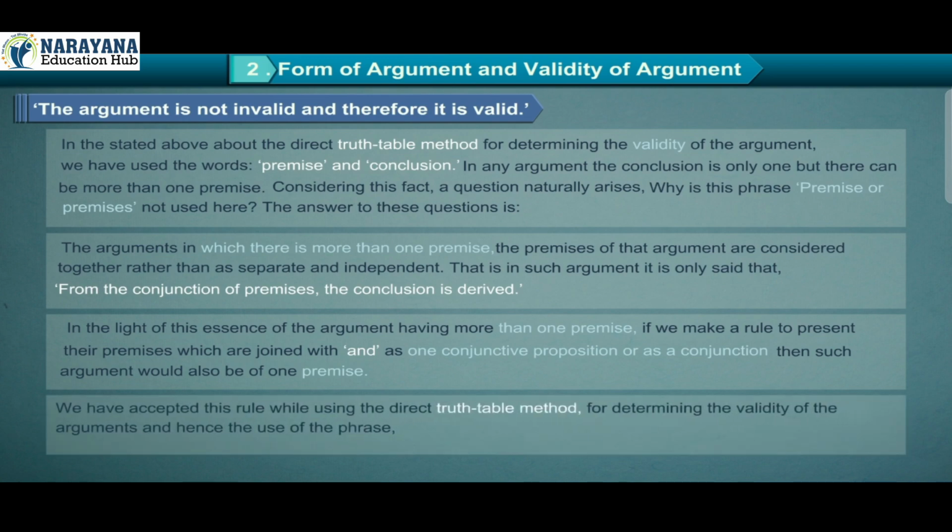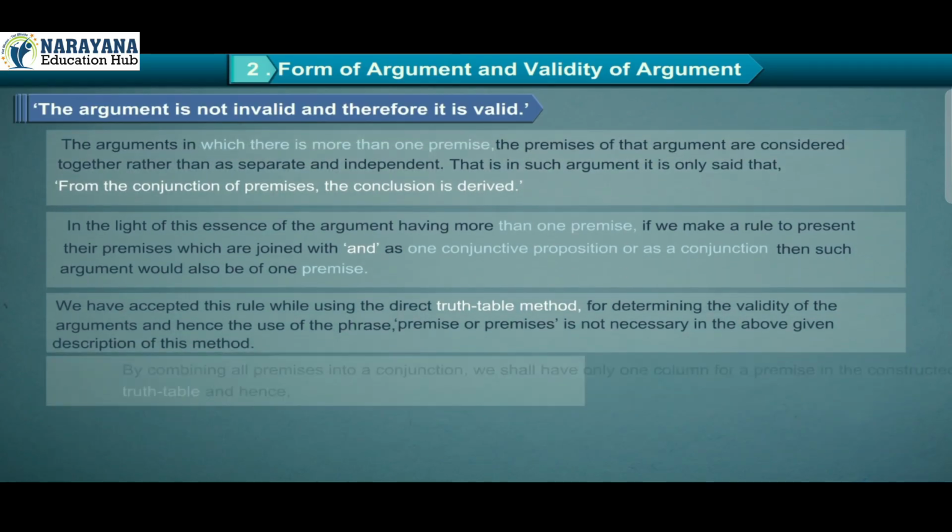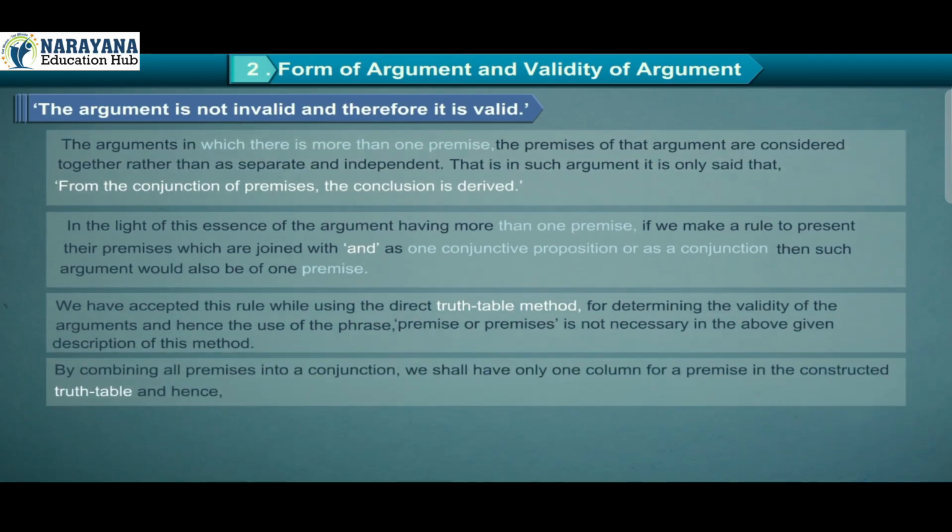We have accepted this rule while using the direct truth table method for determining the validity of arguments, and hence the use of the phrase premise or premises is not necessary in the given description of this method. By combining all premises into a conjunction, we shall have only one column for a premise in the constructed truth table, and hence it becomes easy to determine the validity and invalidity of the argument.